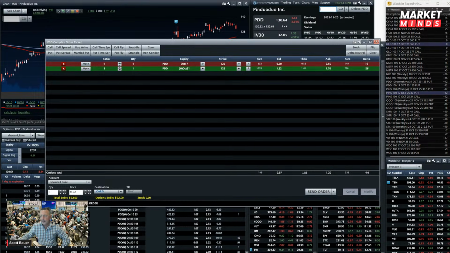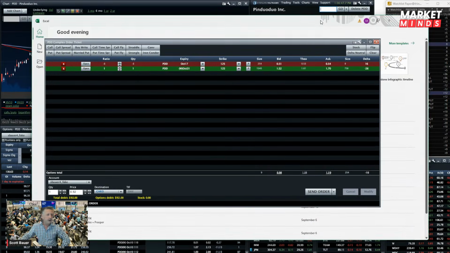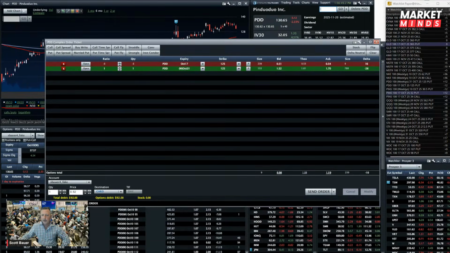What is the most that we could potentially lose in this position, this calendar put spread that we have? What is the most we could potentially lose?